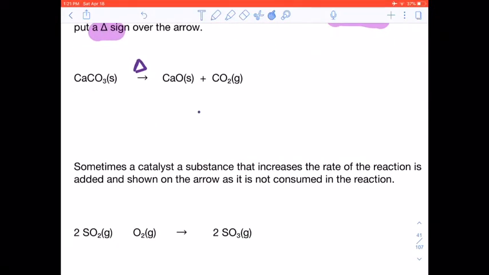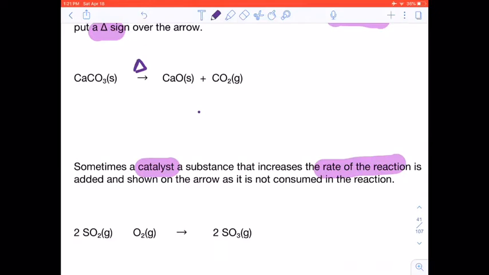And sometimes also we add a catalyst. And a catalyst is essentially a substance that increases the rate of a reaction, but it is not consumed in the reaction. So what we normally do is, if a catalyst is involved, we also put it on the arrow.